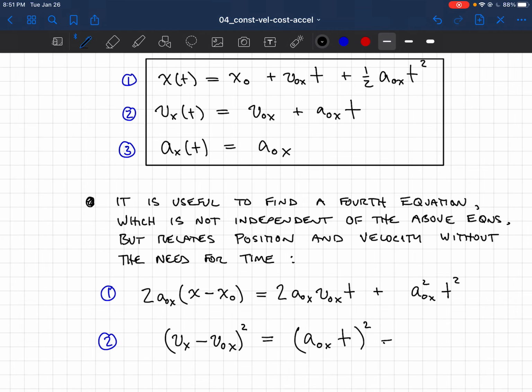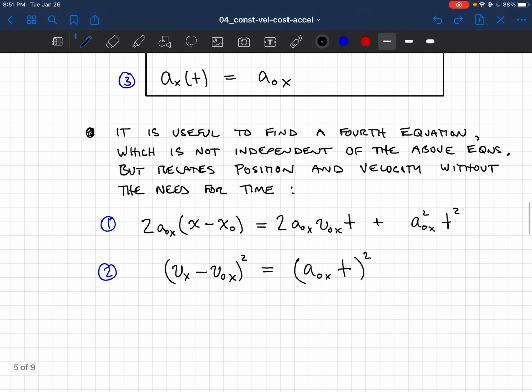So that's actually equal to, well, let's write it on the next line. If I square that whole thing out, I get vx squared minus 2 vx v0x plus v0x squared, and that's equal to a0x squared t squared. Okay.